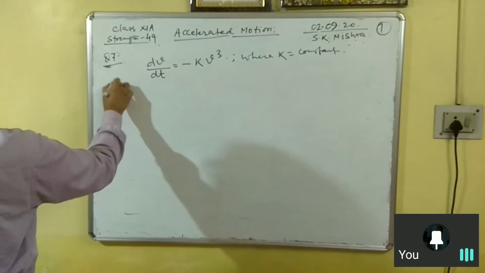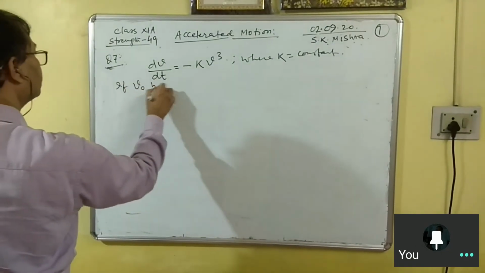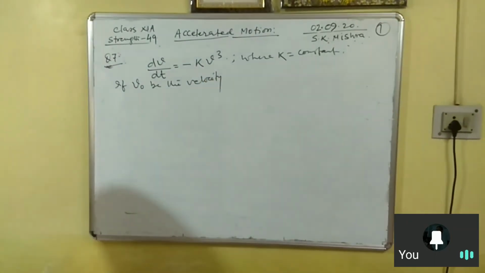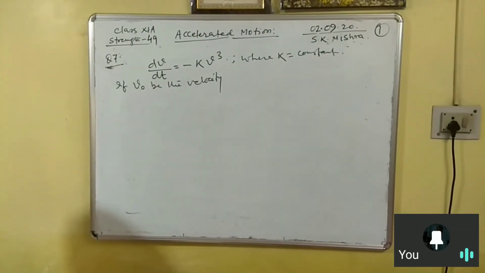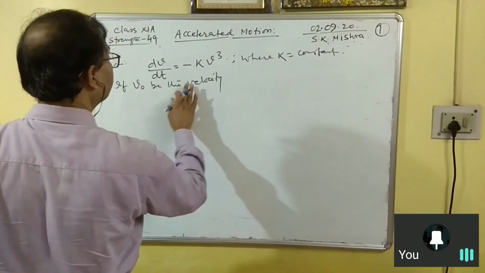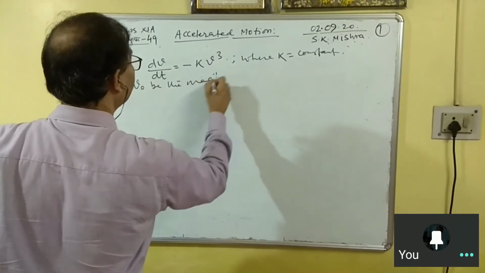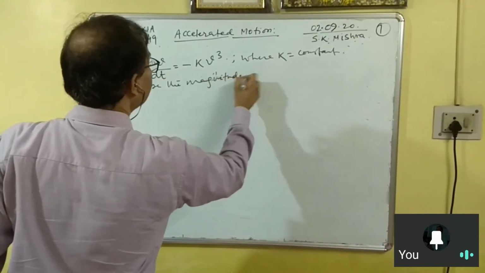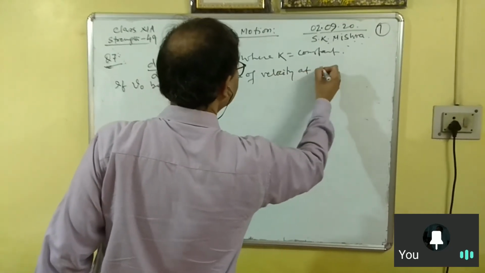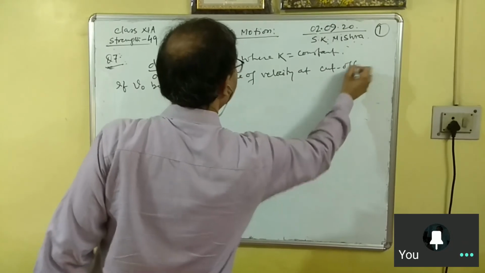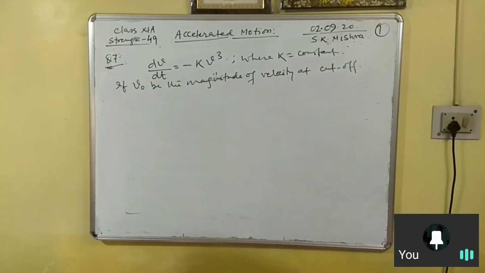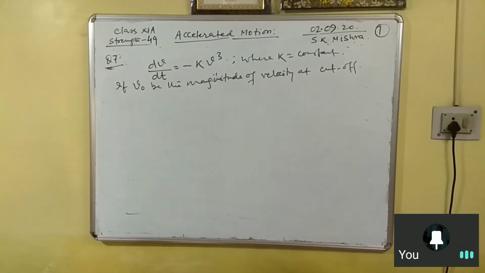If v naught is the magnitude of velocity at cutoff, then you have to find the magnitude of velocity at time t after the cutoff.